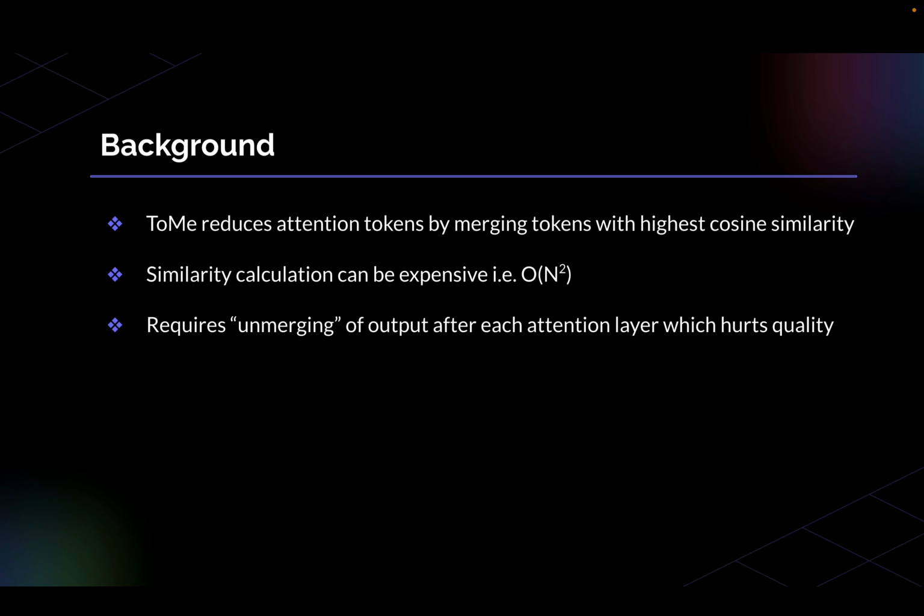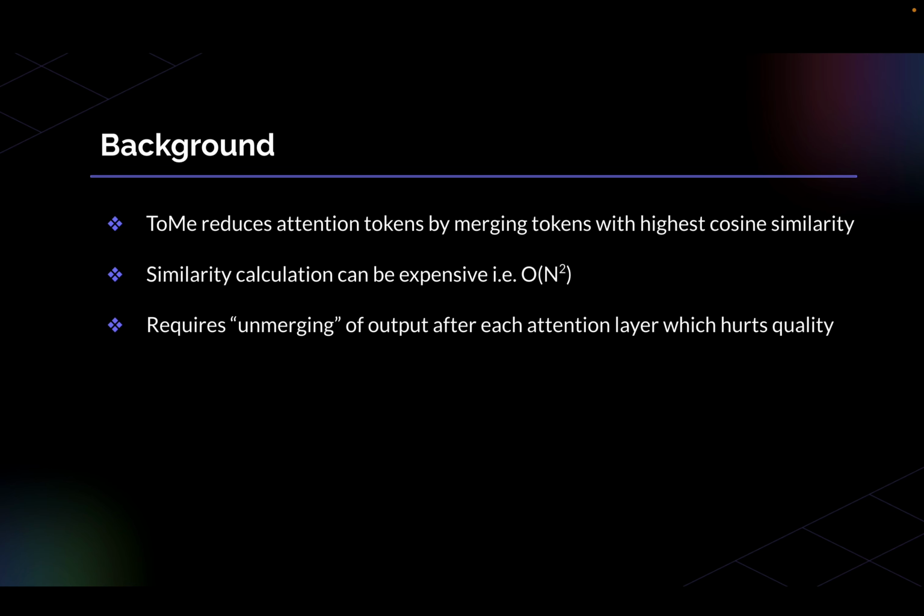A similar method to ours, token merge, reduces attention tokens by merging tokens with the highest similarity. However, to actually get the similarity in the first place, you have to calculate the similarity matrix, which is still O of n squared.